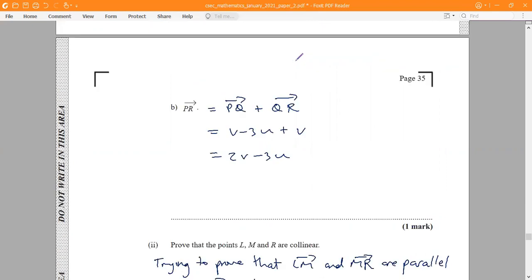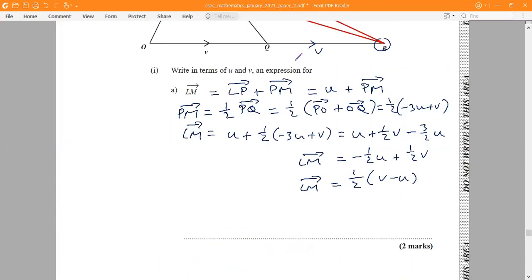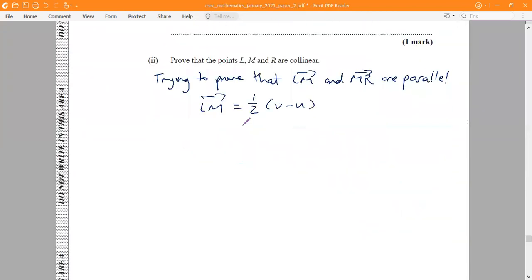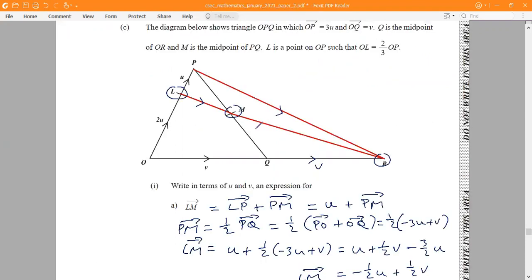Let's get MR now. MR is equal to MQ plus QR, M to Q, Q to R. MQ is the same as PM.